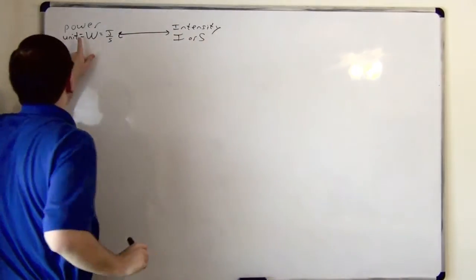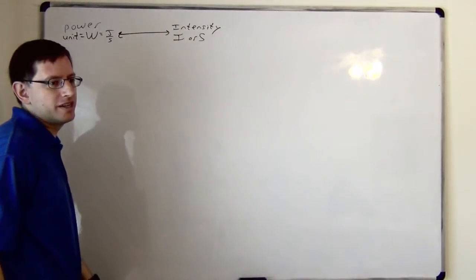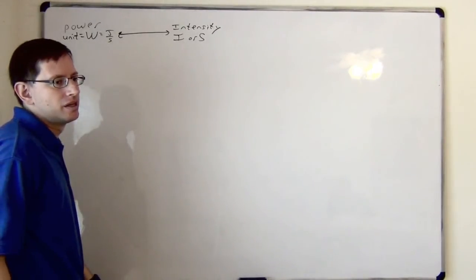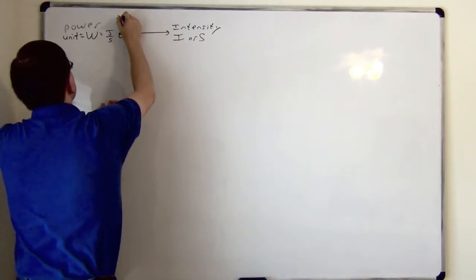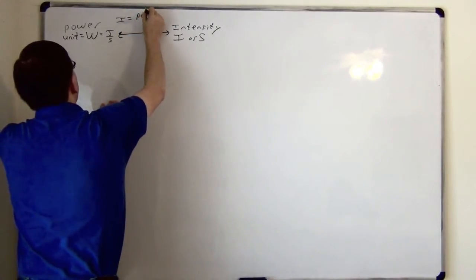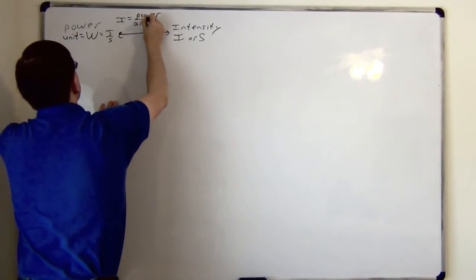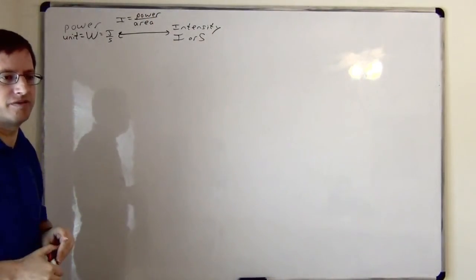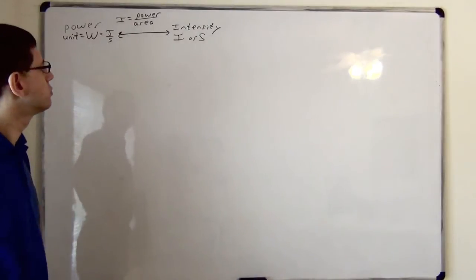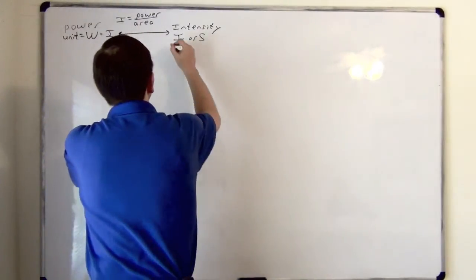So what would be a formula that would take us between power and intensity? Intensity equals power over area. So S equals power over area. Good. That's just a definition that you learned from the other videos or from class. What are the SI units for intensity?